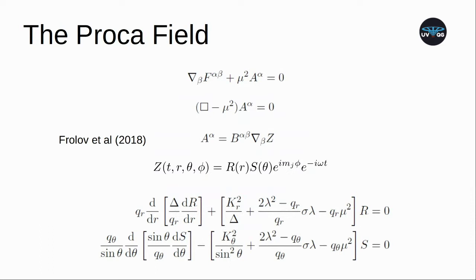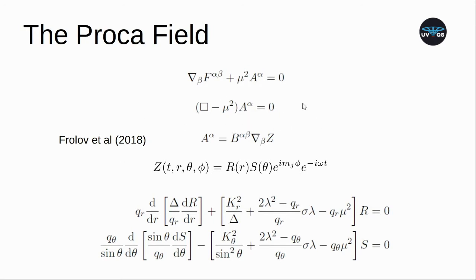In the case of Ricci flat spacetimes, as is the case of the Kerr black hole, the Lorenz condition will be obeyed automatically, so we end up with this equation, which gives us four Klein-Gordon equations, one for each component of the four-potential. This is the four-potential, and this is the electromagnetic field tensor.